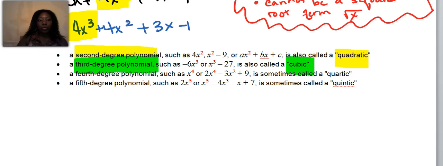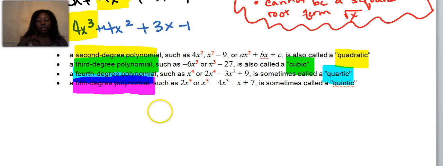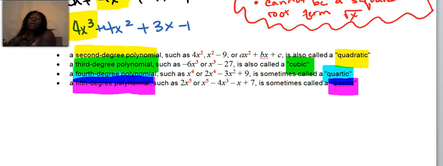Fourth degree is called a quartic. Fifth degree is called a quintic.